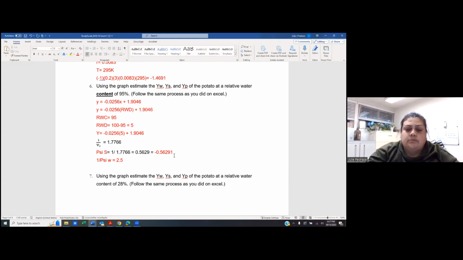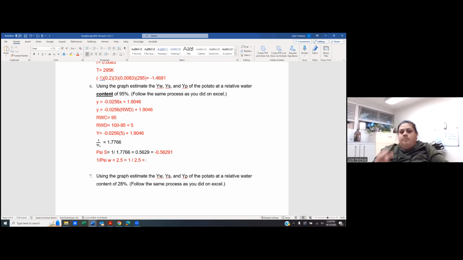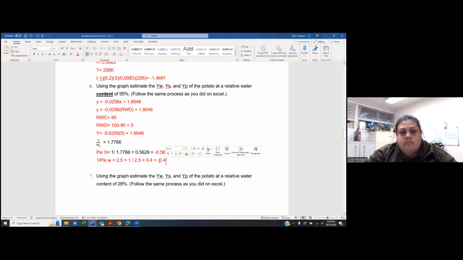So what we need to do is take the inverse of that, which is 1 divided by 2.5, which equals, correct? Am I wrong? And because it's water potential, it's negative. So now you have the answer to that one. Did that make sense?